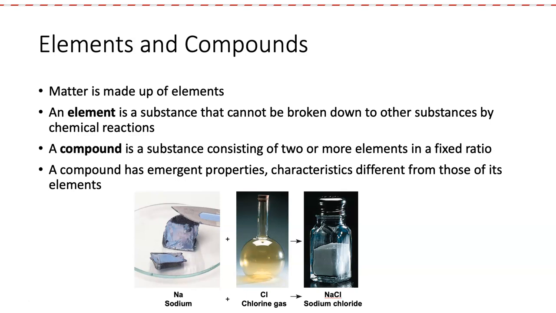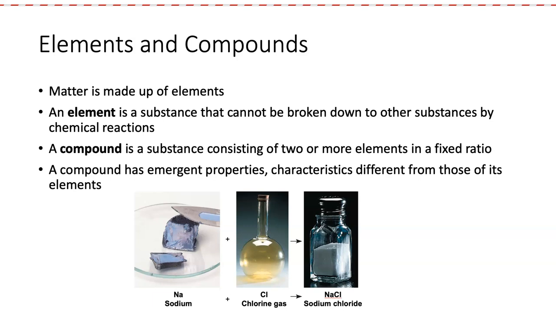Now, matter itself is made up of elements, and elements are defined as any substance that cannot be broken down to another substance by a chemical reaction. We think about these as pure substances. They are the basic elements of life. So a compound is different from an element.